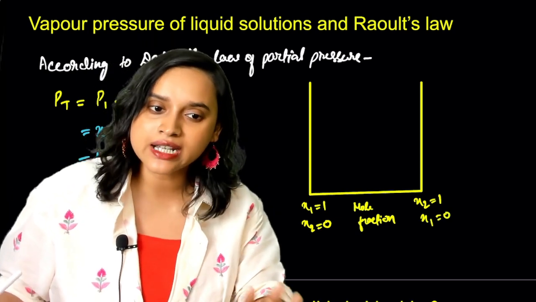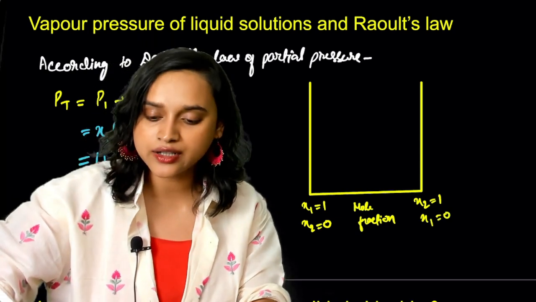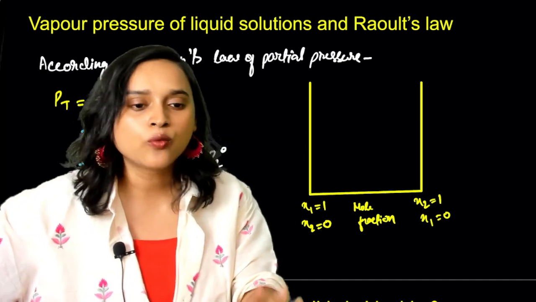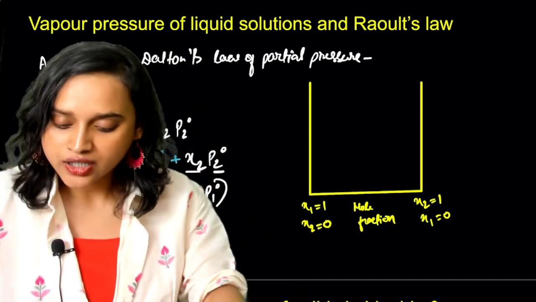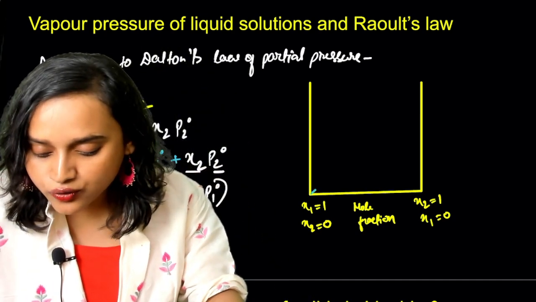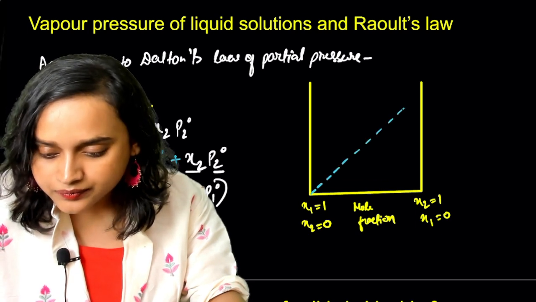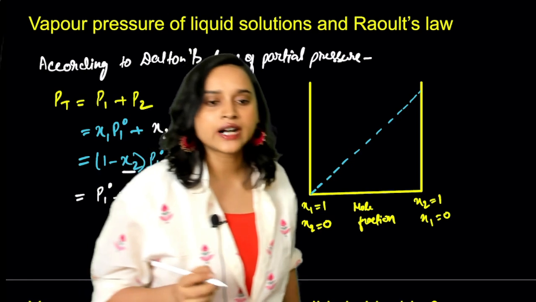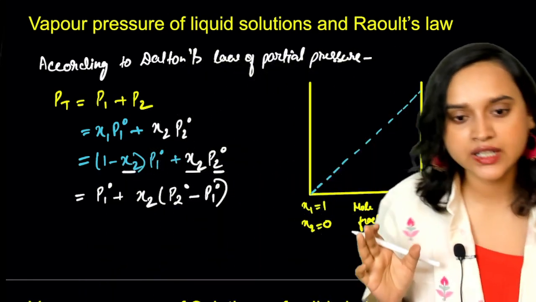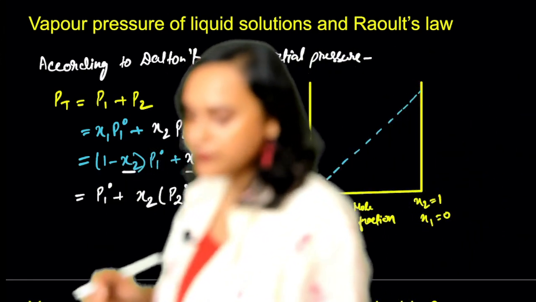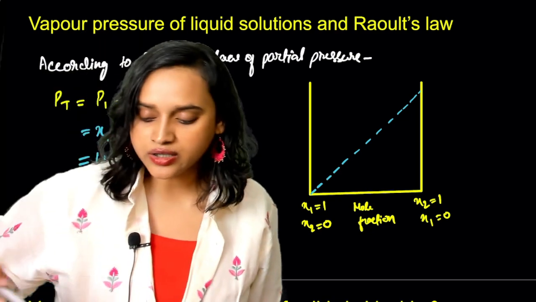Does that make sense, everybody? Clear? All right. So now for chi1, I'm going to draw a line which is like this. Makes sense? Yes. So this is your chi of 1.